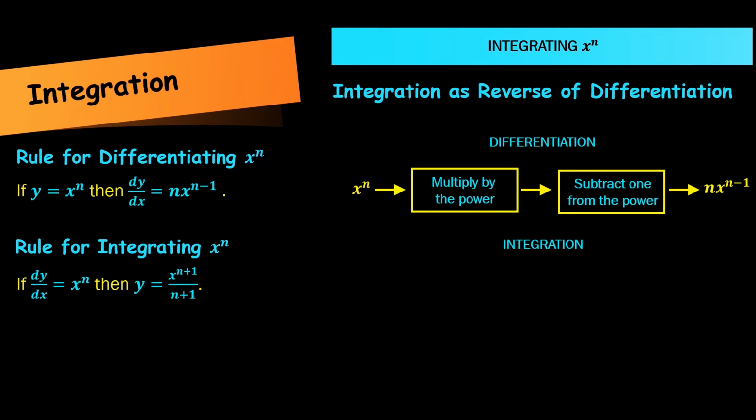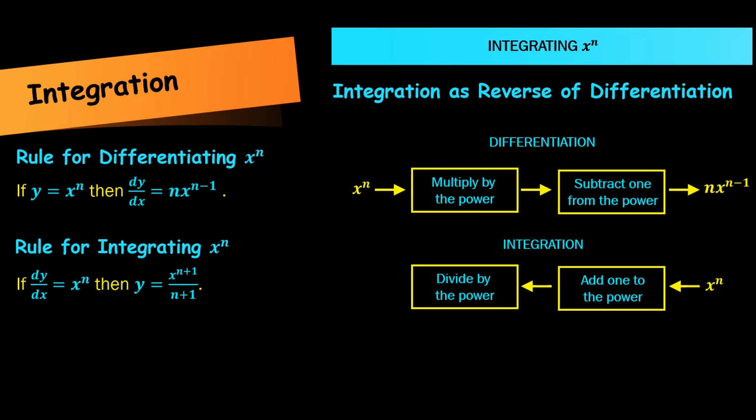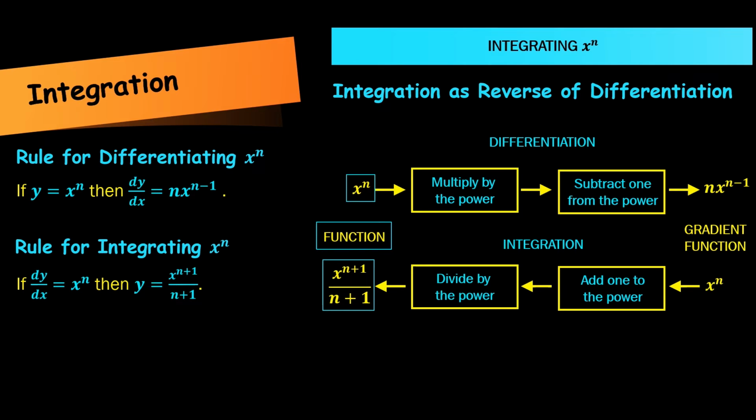For the integration process, if we start with x to the power n, we first add 1 to the power, so we have x to the power n plus 1, and then divide by that power to obtain x to the power n plus 1 over n plus 1. So these here are our functions, and these are our gradient functions.